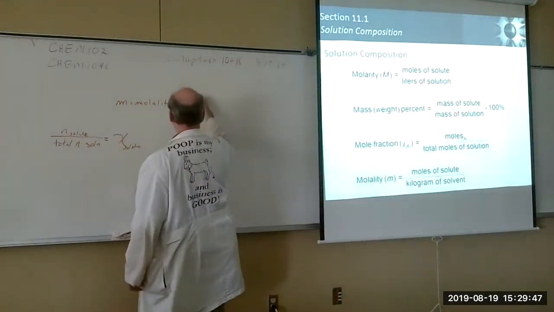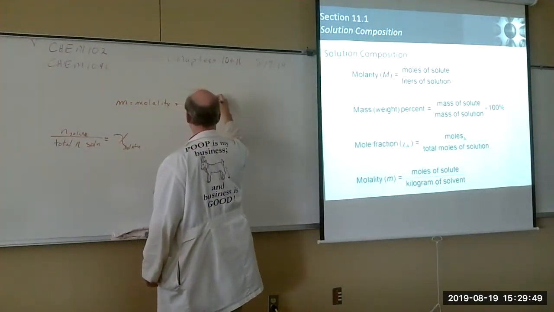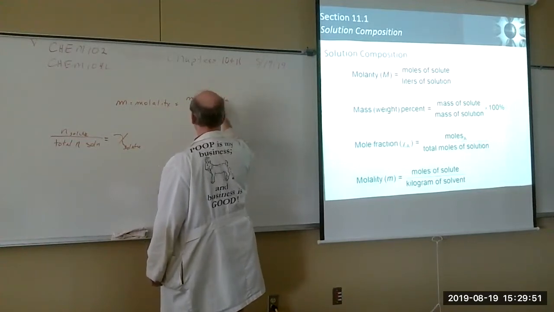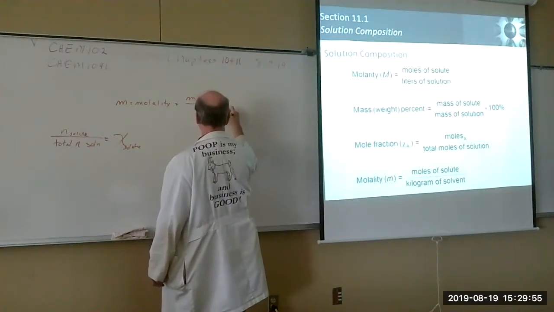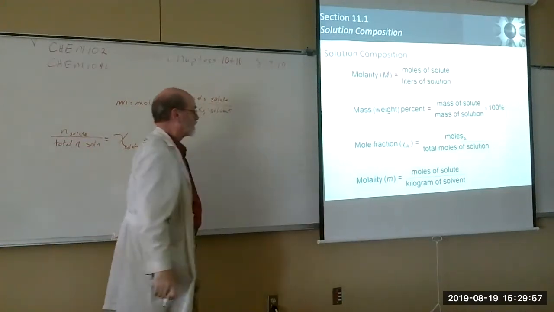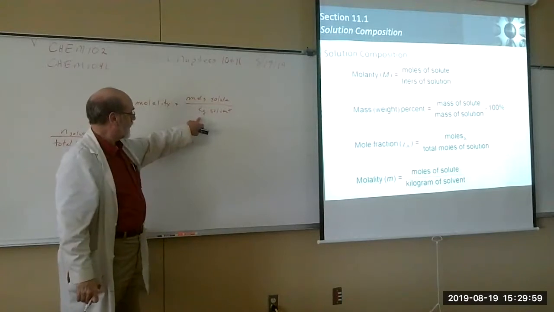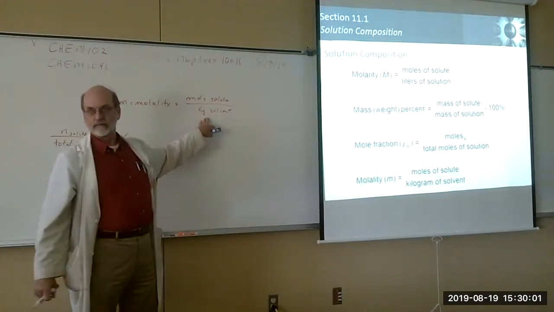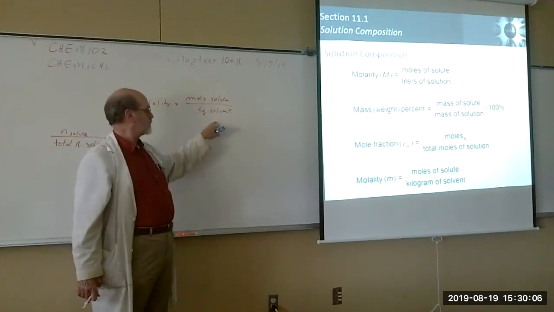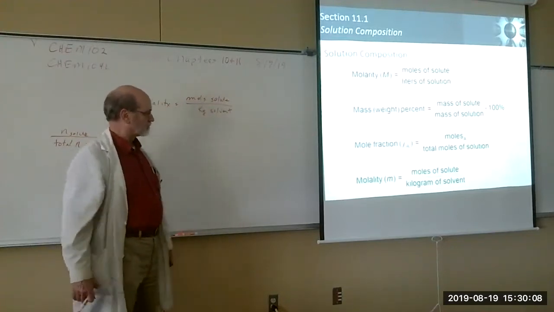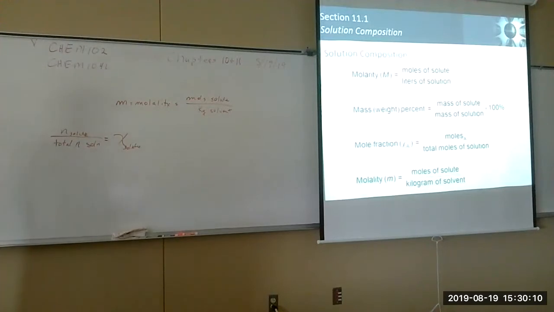So that one is, again, moles of solute per kilogram of solvent. This is the one where the denominator is not solution, but only the solvent. It's relative to kilograms of solvent. Those are the most common concentration expressions for solutions.